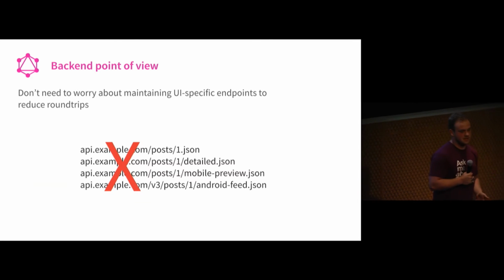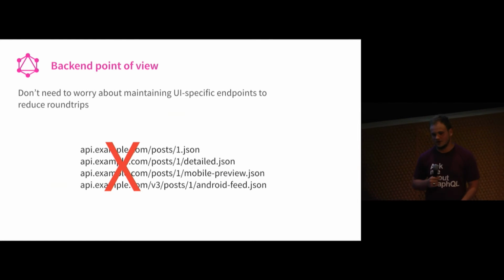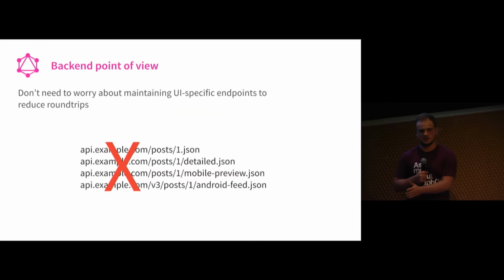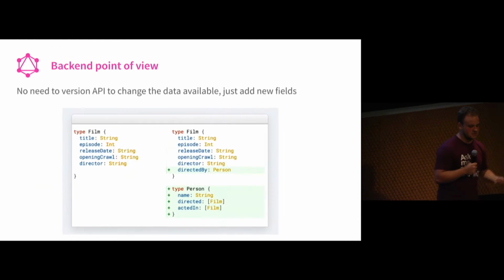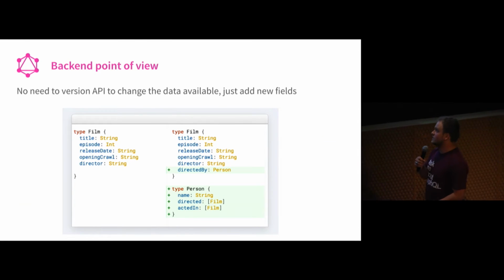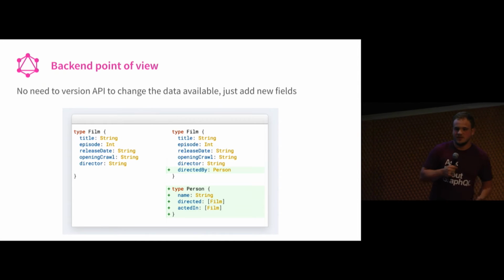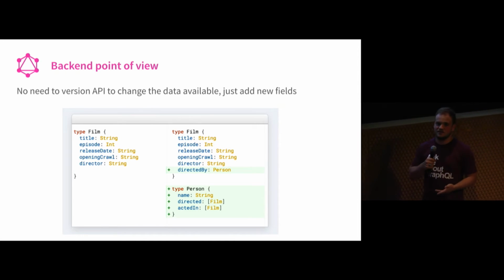And that also often saves you from having a versioned API where you have to totally redirect people to different servers depending on where they came from. Just a simple diagram, basically. You can see that in the new version of our GraphQL API, we've added a whole type and some fields, but it doesn't necessarily affect anybody who is using the old version because they just don't care about those new fields.